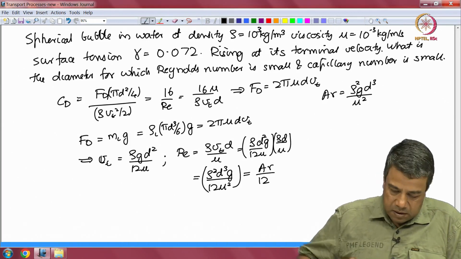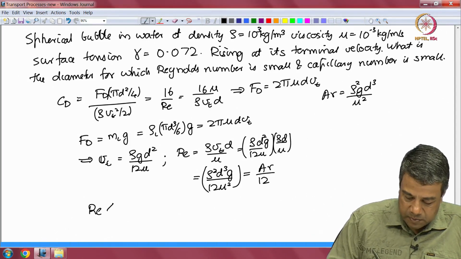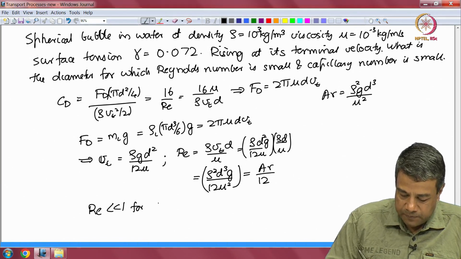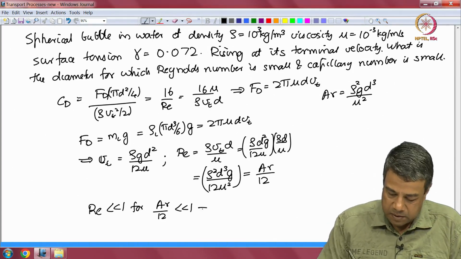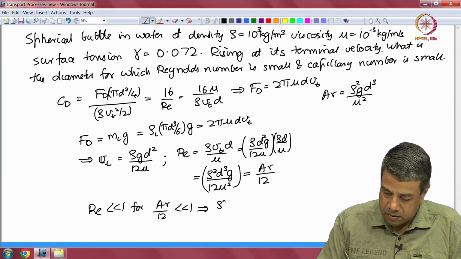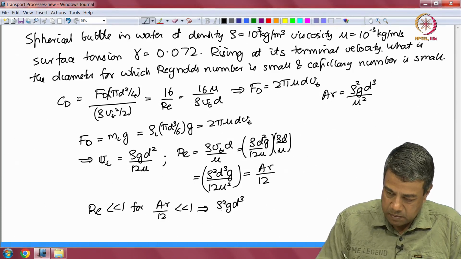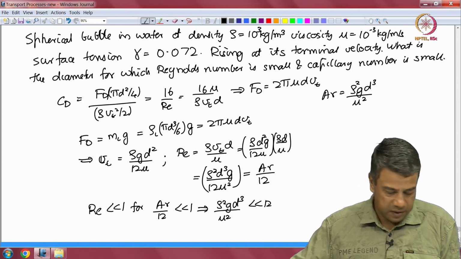Okay. So, the Reynolds number is small compared to 1 for Archimedes number by 12 much less than 1, okay, which implies that rho square g d cubed by mu square very much less than 12.